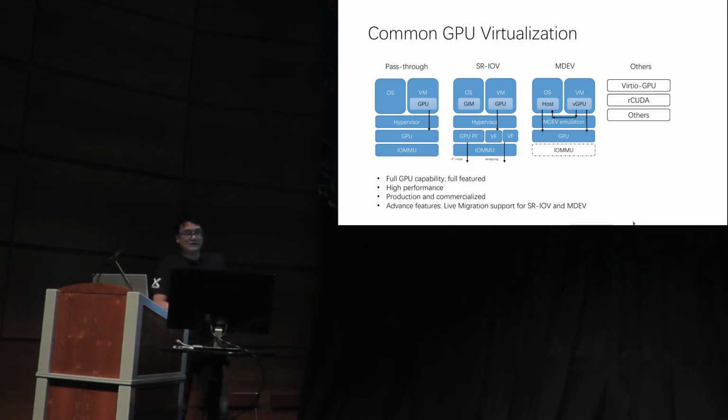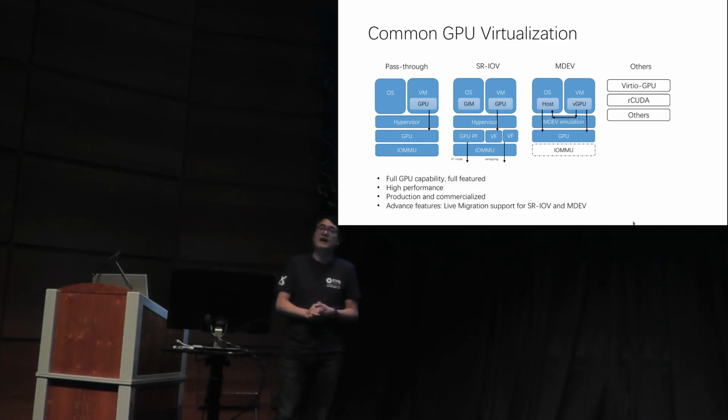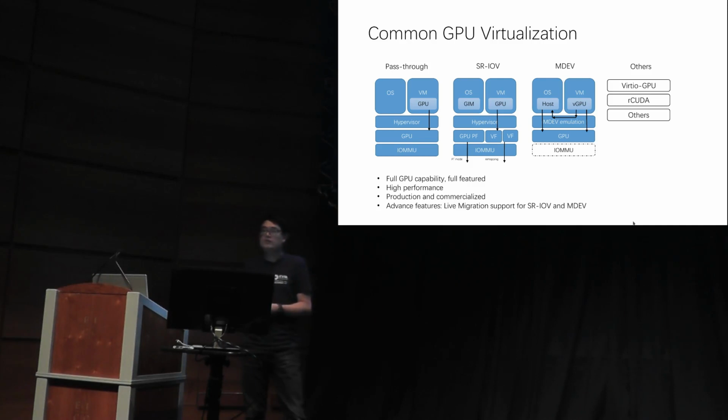When we look at the difference between pass-through and SR-IOV, they are very similar from the QEMU point of view. They both have a BDF, a PCI device assigned to the guest. QEMU does not know whether it is pass-through or SR-IOV; it is simply treated as PCI device assignment.